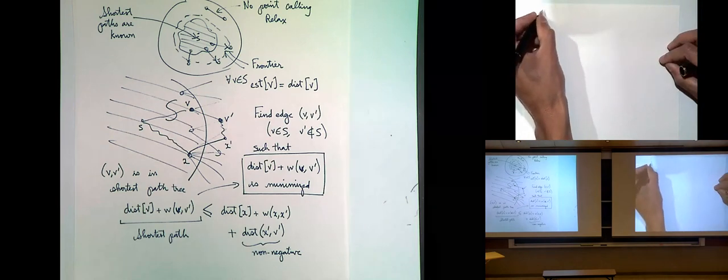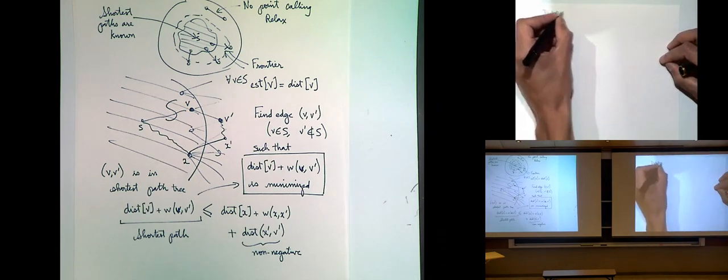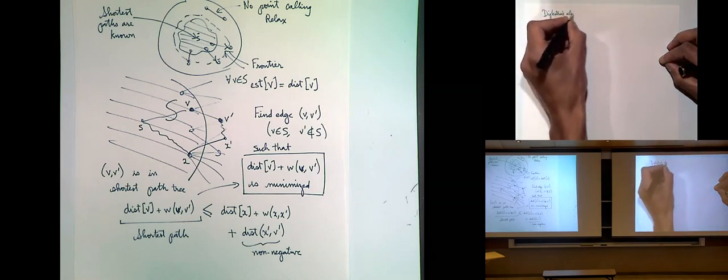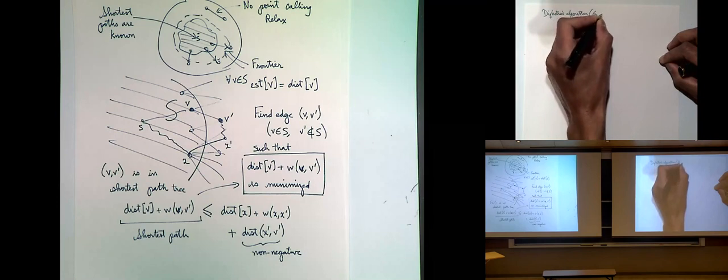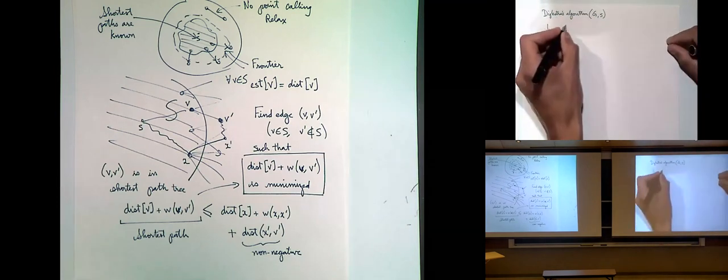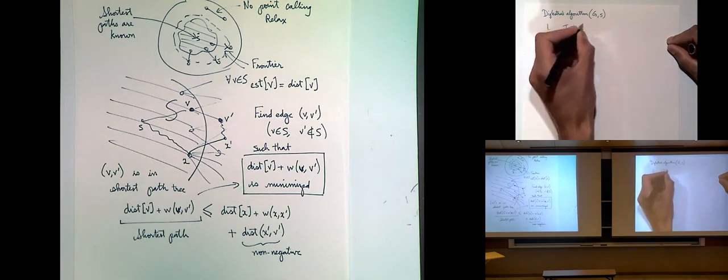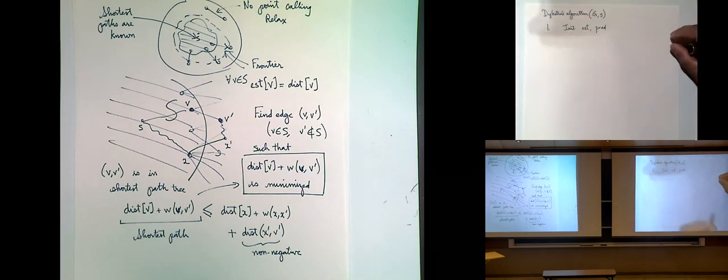Okay, so let me write down the code for Dijkstra's algorithm. So there's a graph G, and then you have a source S. So we'll do our usual: initialize the estimate and the predecessor arrays.